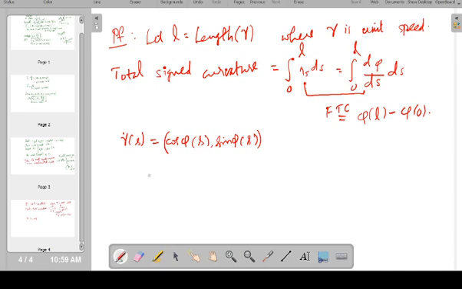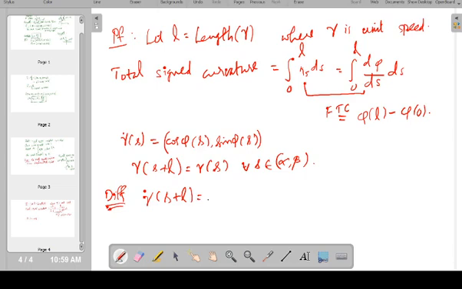And gamma is periodic with the period L. So gamma of s plus L equal to gamma of s for all s in alpha beta. Let us differentiate both sides with respect to s. And I want to compute the derivative at the point s plus L.